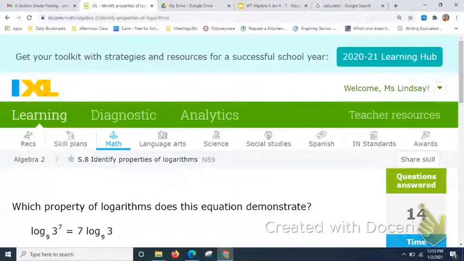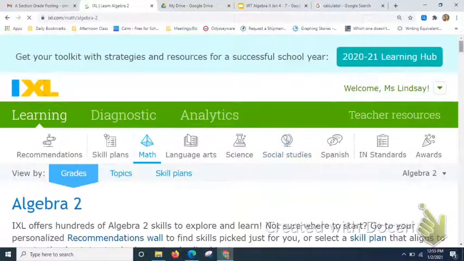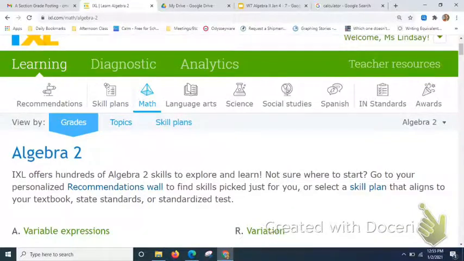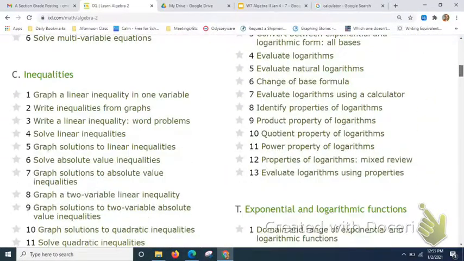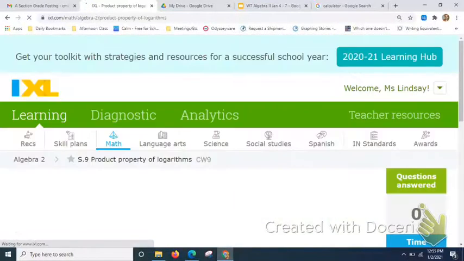All right, so S8 should be quick and easy, especially if you have some examples that you've taken in your notes. It should not be something that you're randomly guessing and it takes 500 questions. And then S9 is specifically about product property.